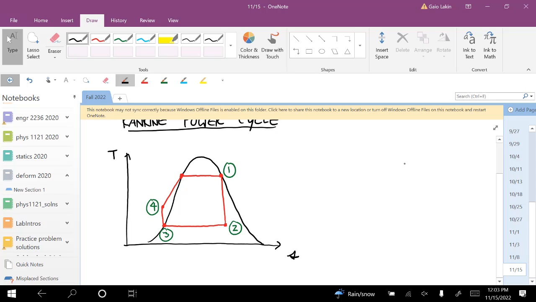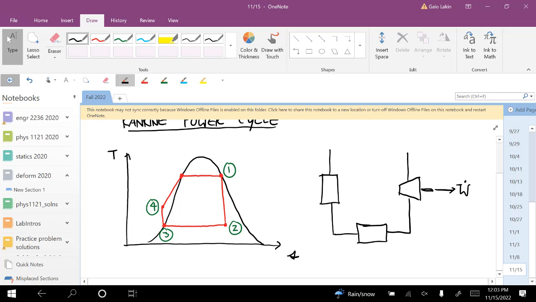And so it's going around this loop clockwise, and by it I mean the working fluid, which is almost always water.